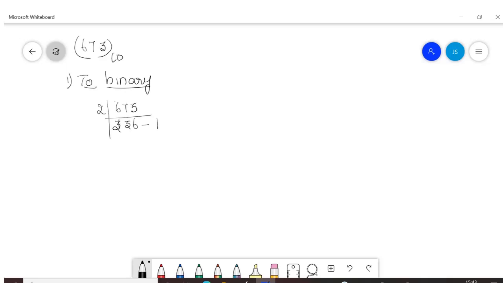We keep accumulating the remainders. Then again divided by 2, 6 2s are 12, 8 2s are 16, and the remainder is 0. Again when we divide it by 2, 8 2s are 16, and 4, 0.